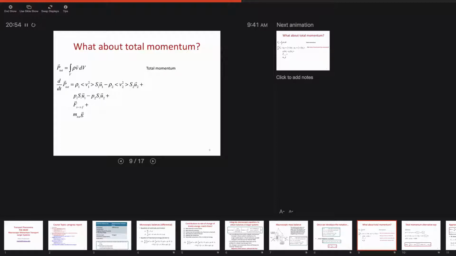Okay. So pressure exerted again on those inlets and outlets. This is the area of the inlet, outlet. This is the total force that solids in the system, solid boundaries, are exerting on the fluid. We know how to do it. This is the integral of tau, right? And then when I integrate the rho v term, I get m total.